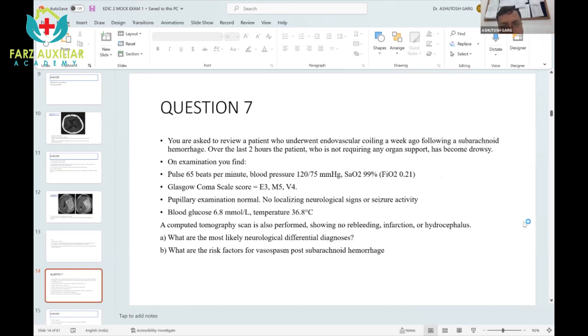But in DECRA and RESCUE-ICP, there was no mortality benefit even. So look into that. But now the understanding is that if you go for decompressive hemicraniectomy, there is a mortality benefit, but disability will increase. Now this is the understanding. Okay.